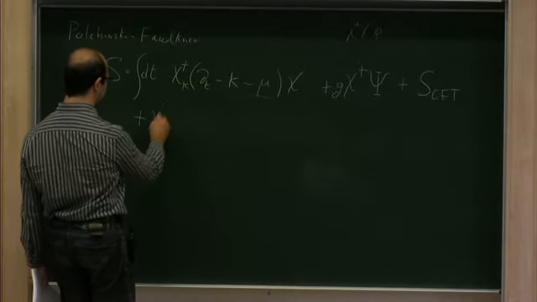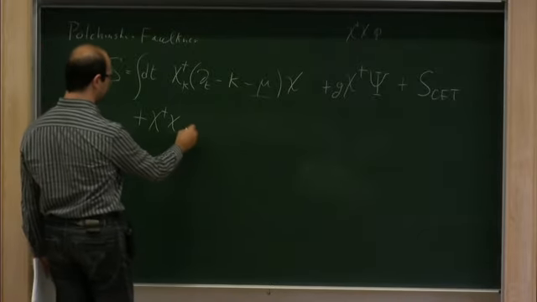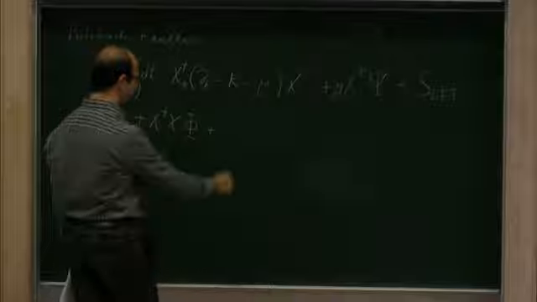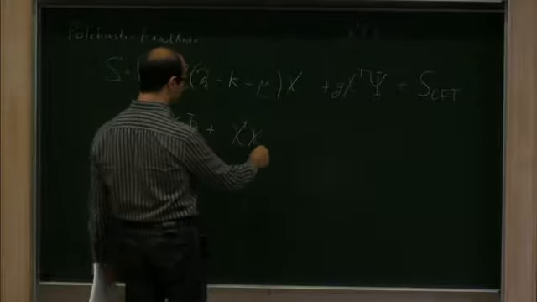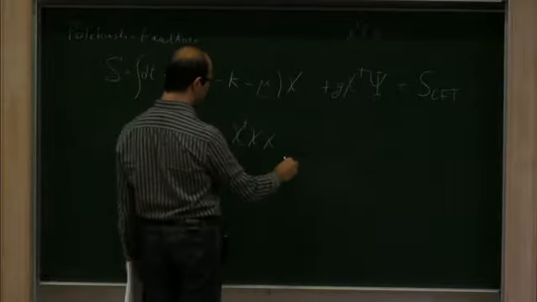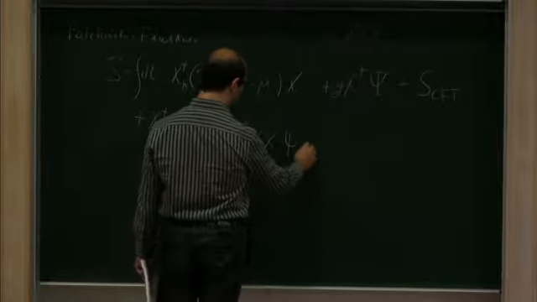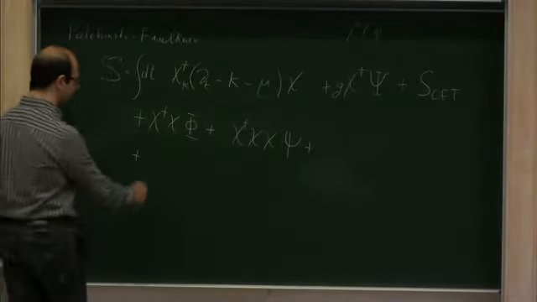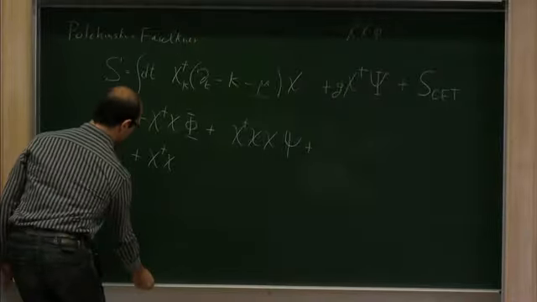So this can be a trilinear coupling with a boson, say phi, or a quadrilinear coupling with another fermion. Or there can be self-interactions of the free boson, so things like chi squared.